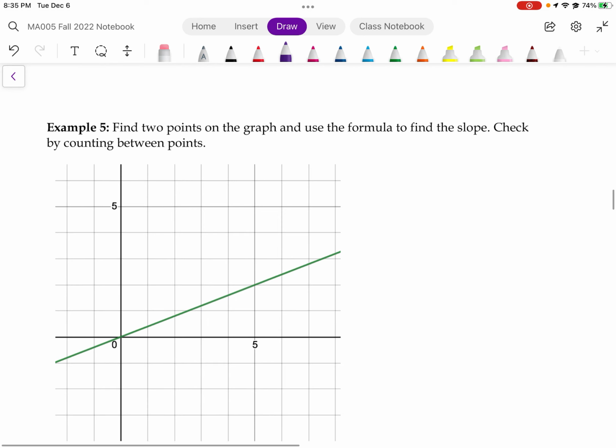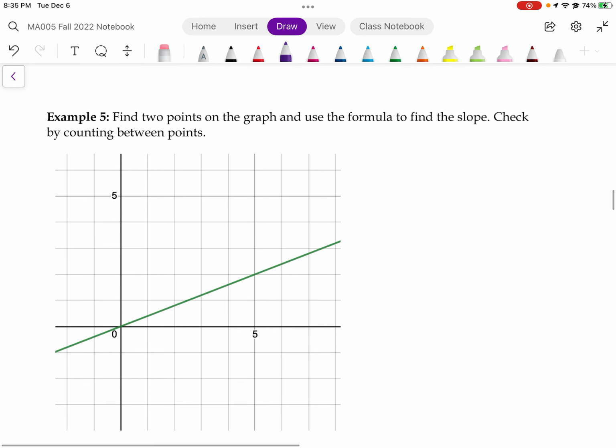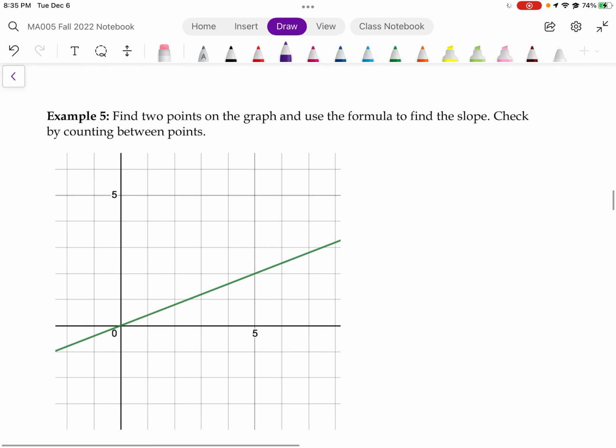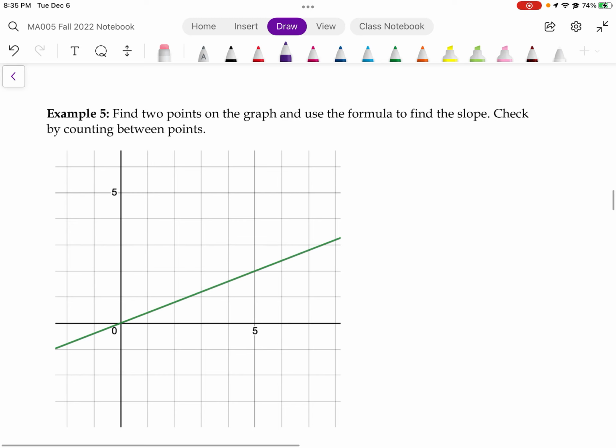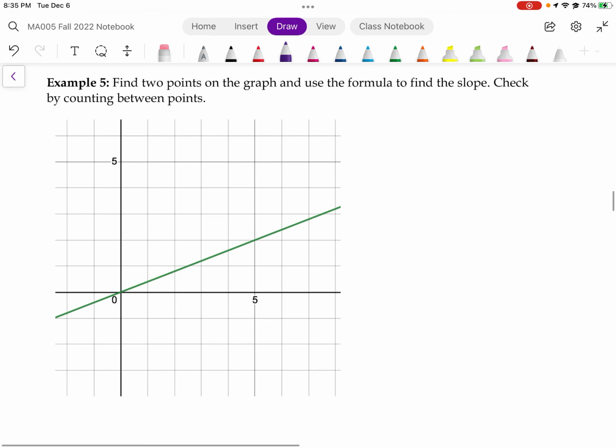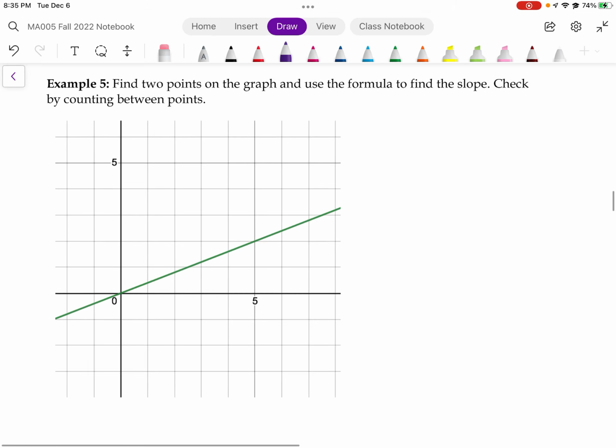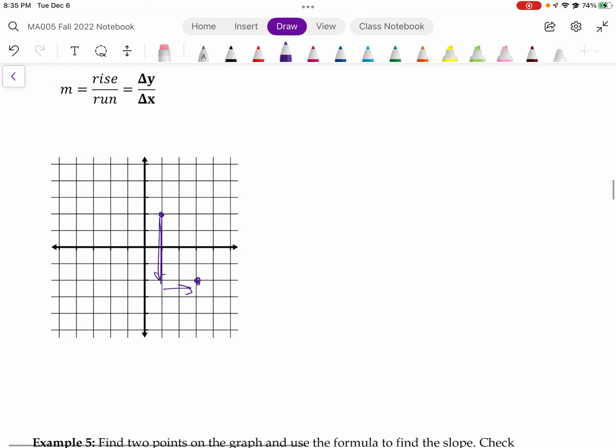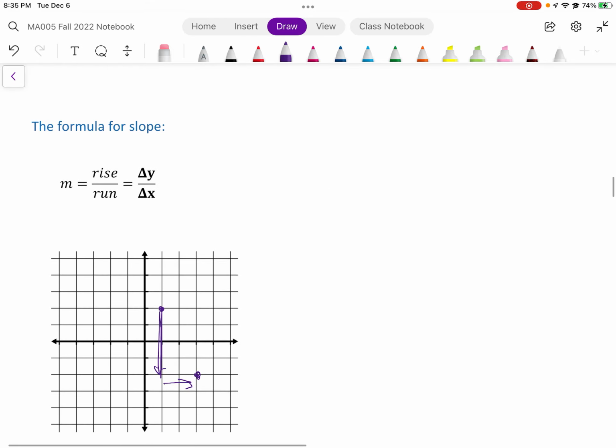So what if we were just given 2 points on the graph? We have to use the formula to find the slope. So we're going to check by just counting between points. So what formula do we have here if we had 2 points?